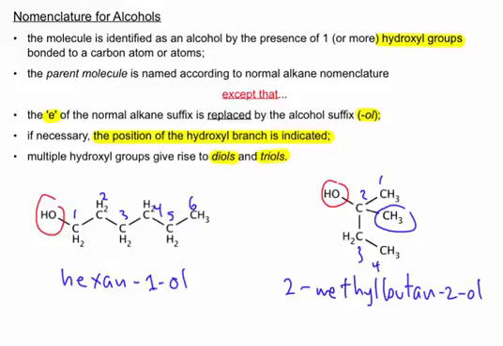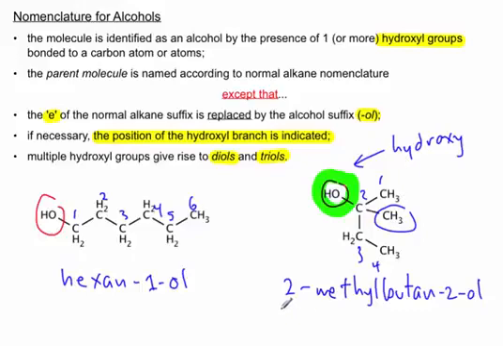Now, one other way you sometimes see it, it's not nearly as common, but it can be done, is to look at our hydroxyl group as a branch, and we call it a hydroxy branch. Hydroxy, not hydroxyl.